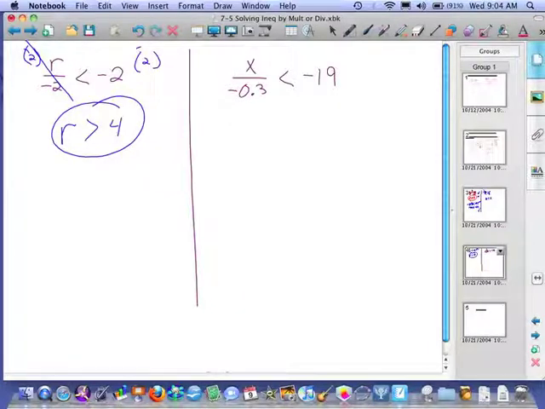On the equation on the right-hand side, it has a decimal in it. That's because you're going to be dealing with decimals and negatives for the rest of the year. Multiply by negative 0.3. And on the left-hand side, the 0.3s cancel each other out.